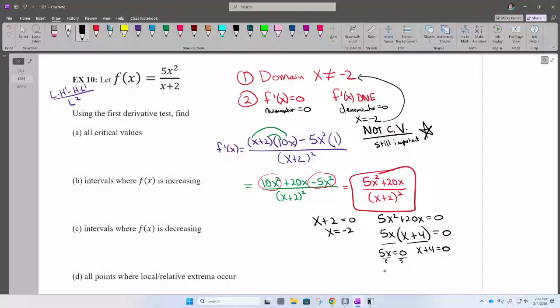Divide both sides by 5, and I get x equals 0 and x equals -4. So this one gave me two values, x equals 0 and x equals -4. Are those critical values? Yes. The domain is everything except -2, so these are critical values.